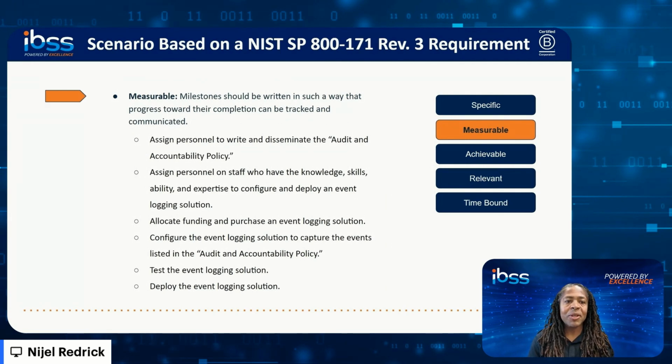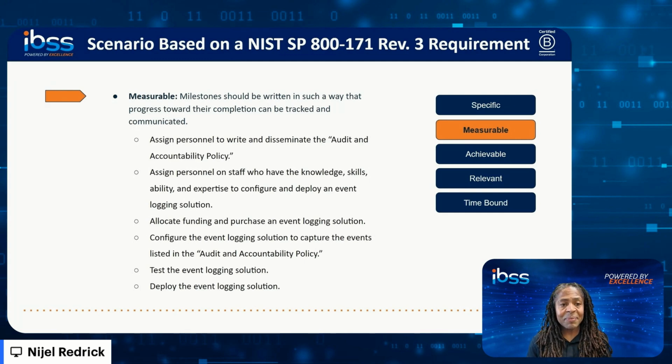Next, we need to make sure that we assign personnel who will actually be involved in deploying an event logging solution. And the personnel need to be knowledgeable and capable and have the expertise to configure and deploy an event logging solution. And also need to have funding allocated.